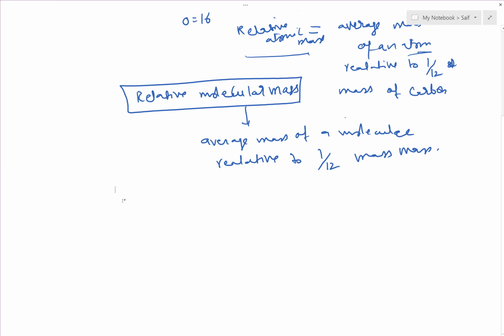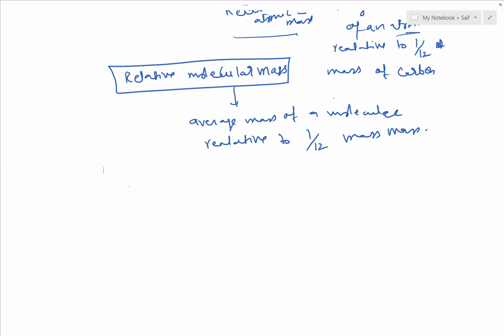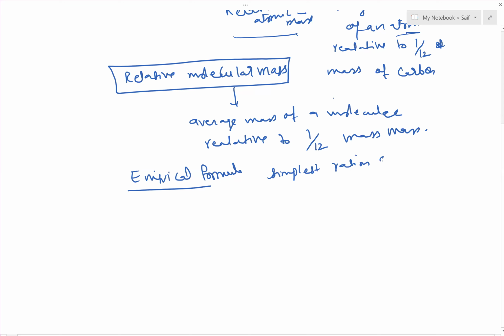Okay. So now we are going to move on to the empirical formula. Empirical formula is what? It is the simplest ratio of an element.